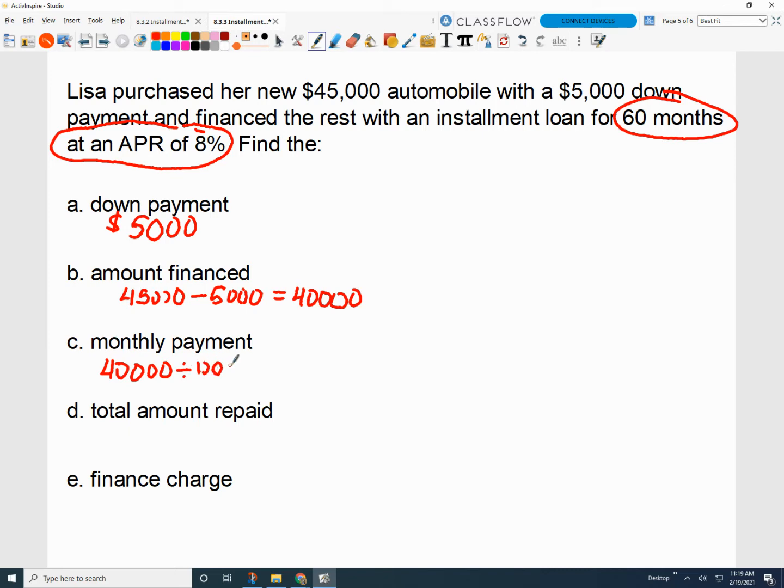That makes it line up with the table. And then we're going to multiply it by 60 months at 8%, so 203. Look that up on your table. So $40,000 divided by 100 times 203. Her monthly payment is an even $812.